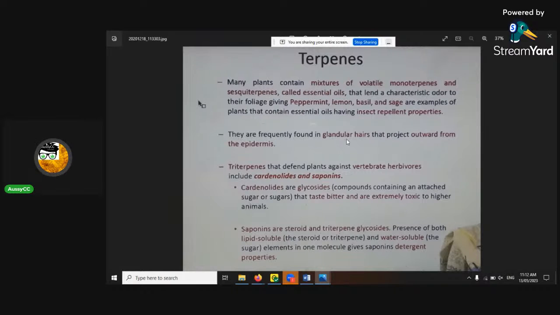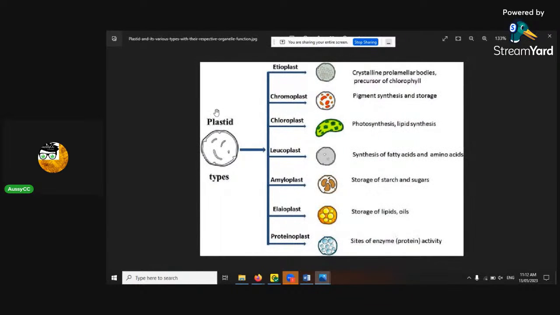They are frequently found in glandular hairs that project outwards from the epidermis. They're also stored in plastid elaioplasts. Hang on, I've got a chart here. These are the different plastids that are in the plants, and you can see here the storage of lipids and oils in an elaioplast.